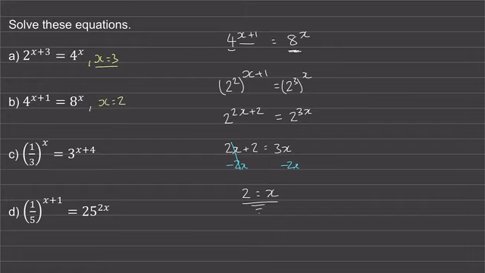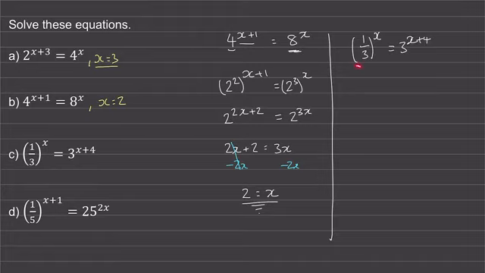Now we have 1 over 3, or 1/3, raised to the power of x, is equal to 3 to the power of x plus 4. Now we can write this 1/3 using index notation. Because it is 1 divided by 3, this is the same as 3 to the power of negative 1, where this negative means 1 over, and the 1 is the 1 here, which is what 3 is raised to a power of.